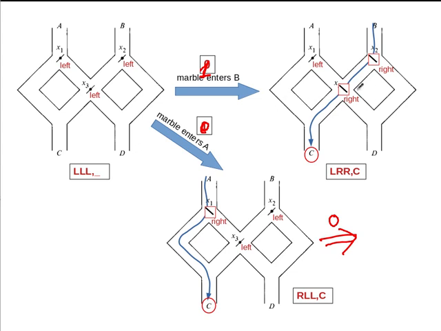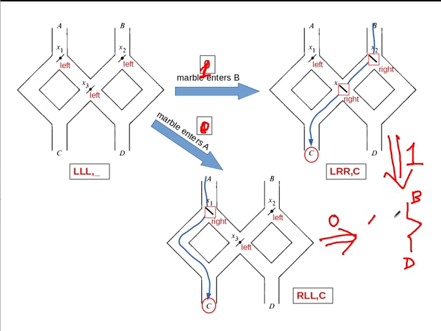So for example, here now if you drop something at B, that will be called input 1, right? So if you drop something here, then it will take this sort of path. So this is B, and this will be D, and this x1 is already in the left position.